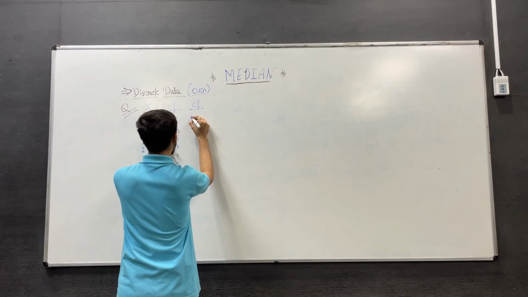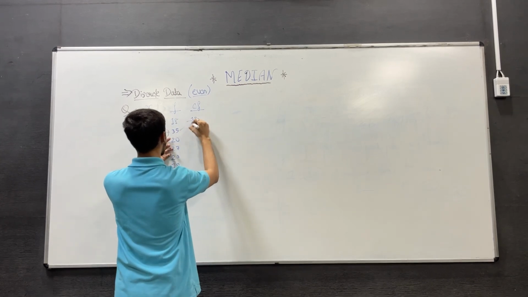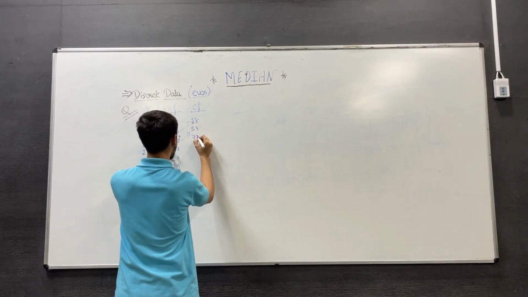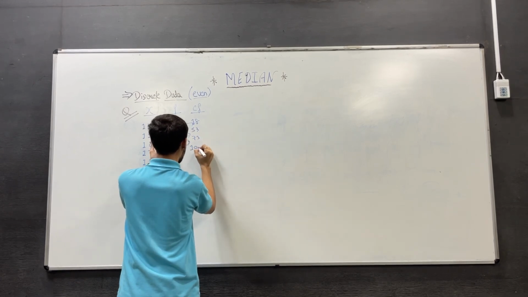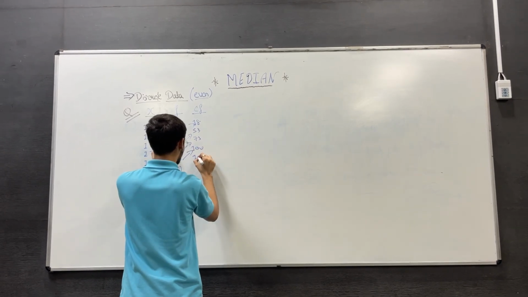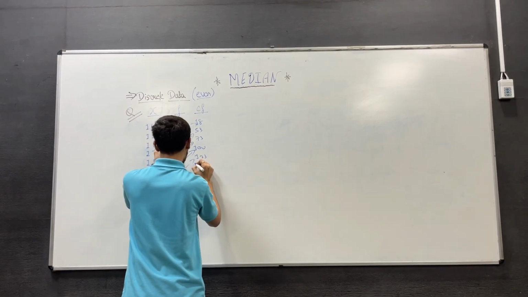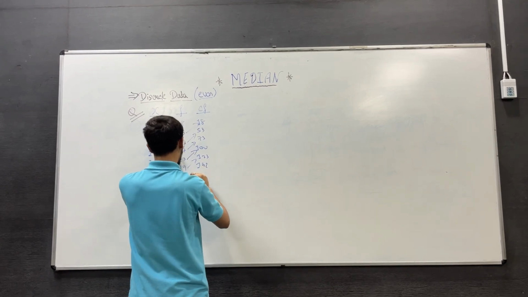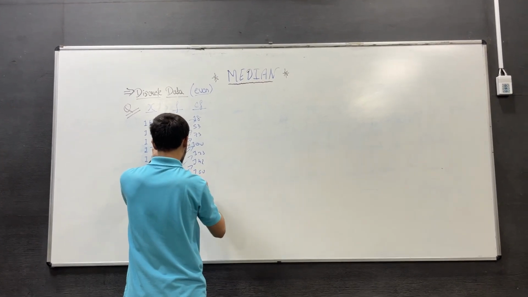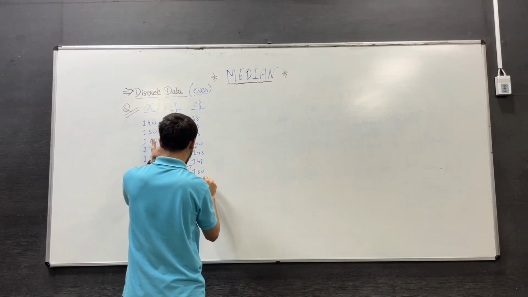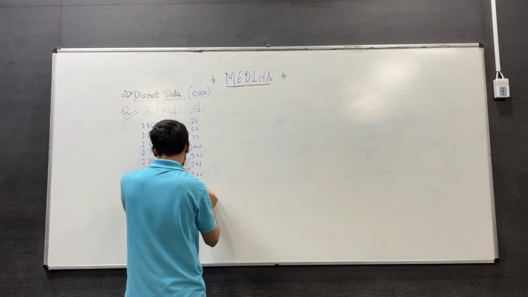First it will be 18. 18 plus 35 will be 53. Then 20 plus 53 will be 73. 73 plus 27 will be 100. 23 plus 100 will be 123. 123 plus 19 will be 142. 142 plus 18 will be 160. 16 plus 15 is equal to 175. 175 plus 12 will be 187.